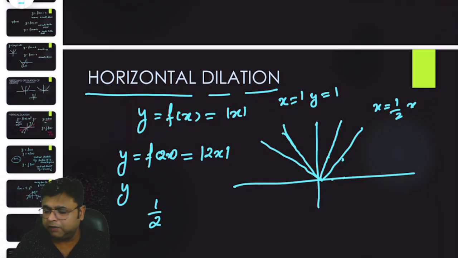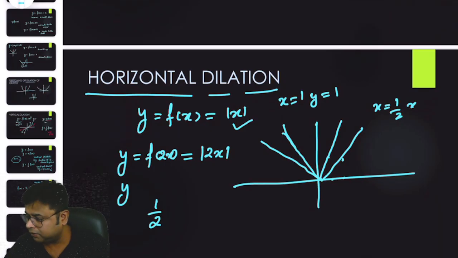That means whatever the values of y were initially at different values of x, all those values of y will now be achieved at half the values of x. Whatever the y value for |x| was at x = 1, now the same y value 1 will be at x = half. So it has dilated horizontally by a factor of half.